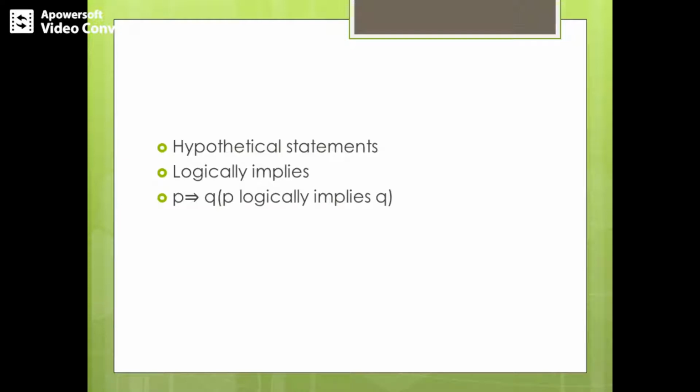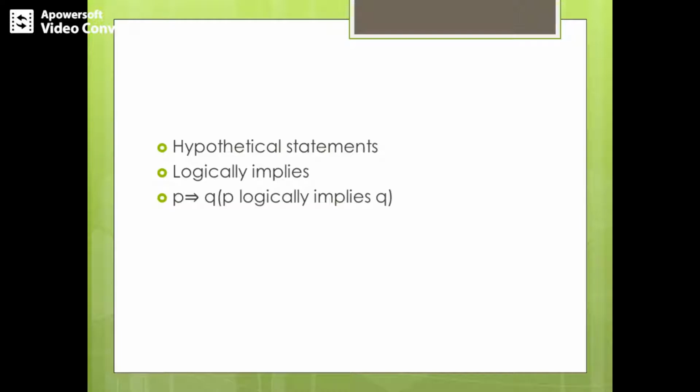Sometimes when we take a conditional P implies Q, P and Q are related in some way: the truth value of Q may depend upon the truth value of P, or the truth value of P may depend upon the truth value of Q. Such conditionals are called hypothetical or implicative statements.